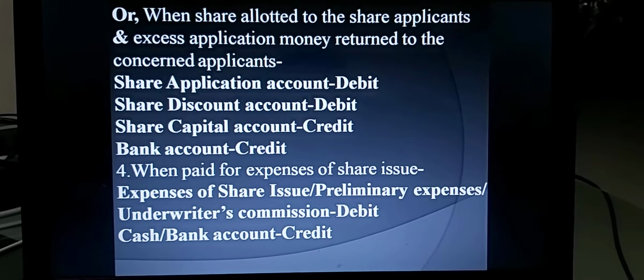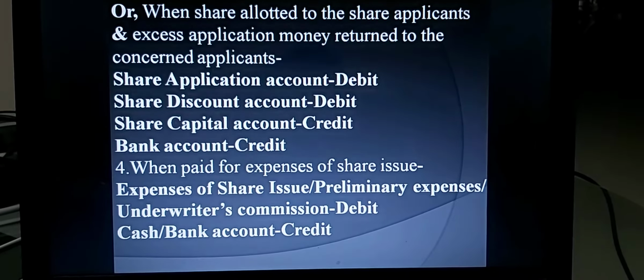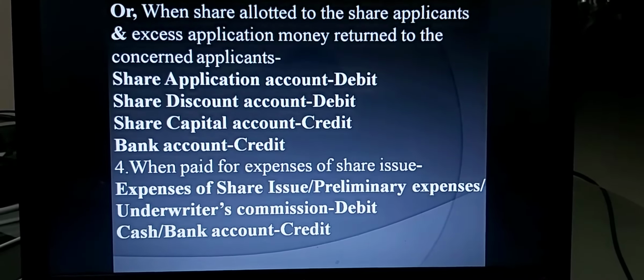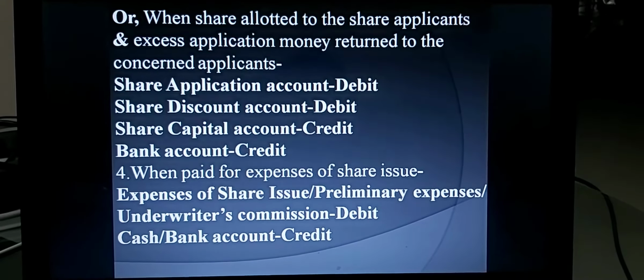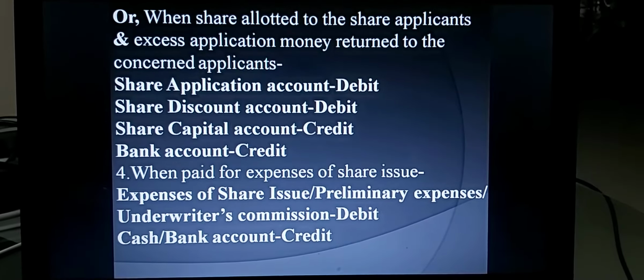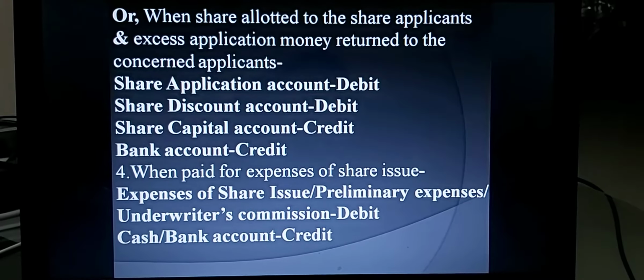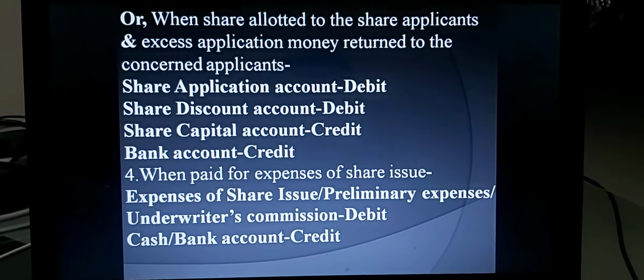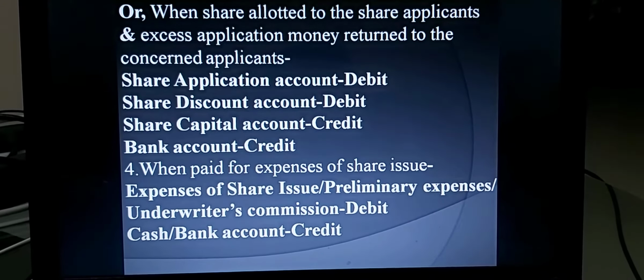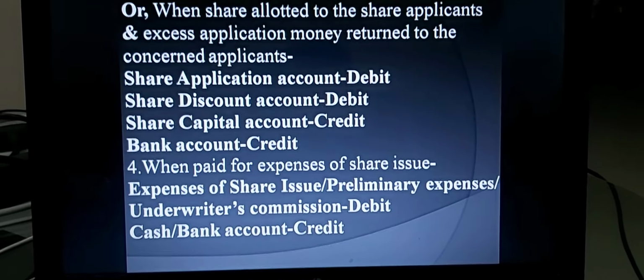Number 4, when paid for expense of share issue, the journal is expenses of share issue or preliminary expenses debit, underwriter's commission account debit, bank account credit. These are journals for share issuing for capital of a joint stock company.